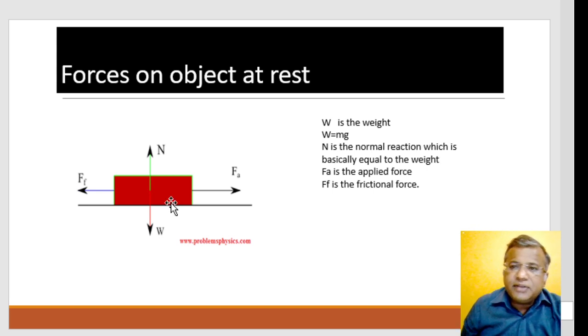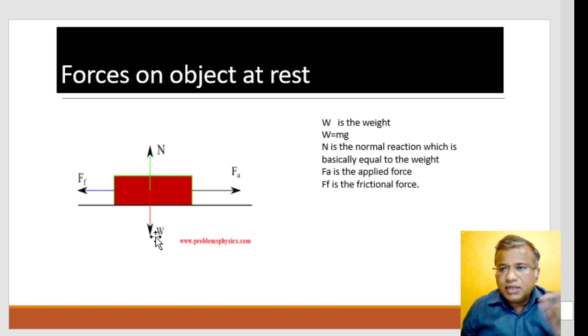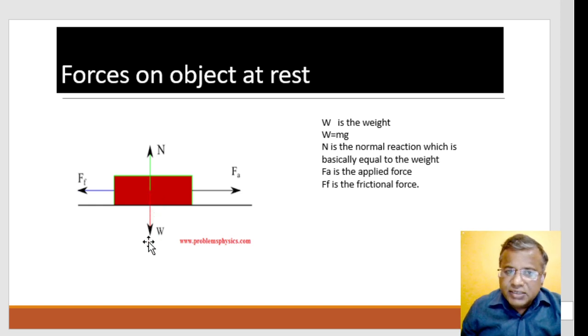How do I calculate net force here? I will see the net horizontal force, and these are the two vertical forces. So weight is down. Just concentrate on the word which I am using here: vertical force, forces acting along, say, the y-axis. The net vertical force is zero. The weight is acting downwards, the normal reaction is upwards. The net horizontal force is zero. The applied force is this side, the frictional force is towards the other side.